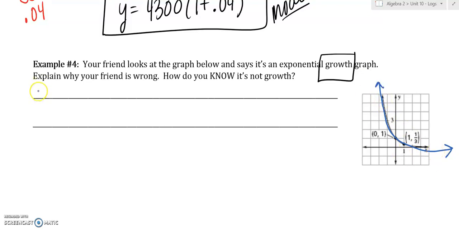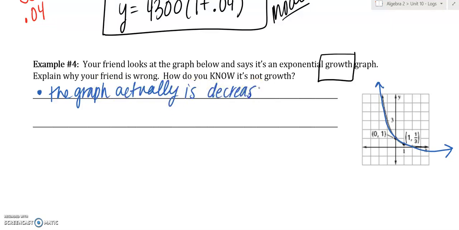So you could say something like the graph actually is decreasing. And decreasing goes with decay. So you could say something like that.